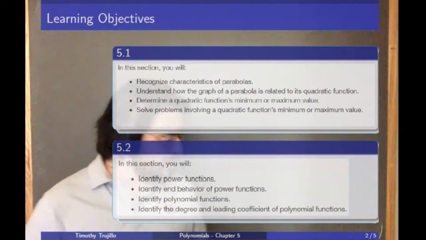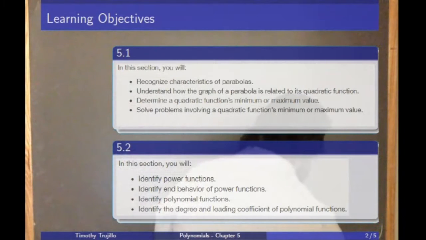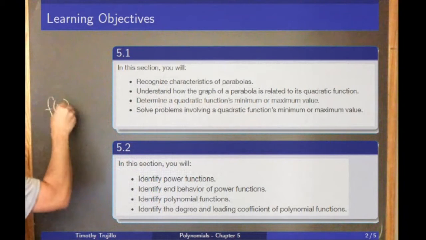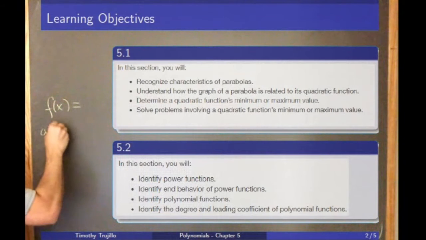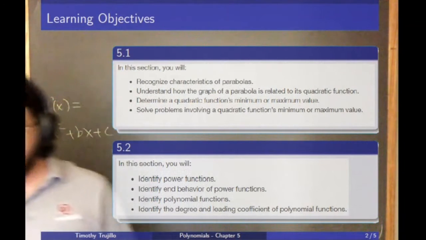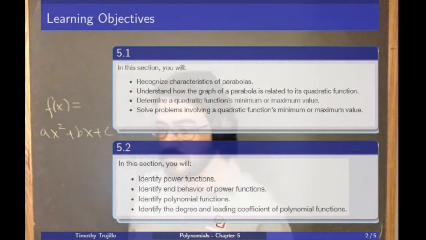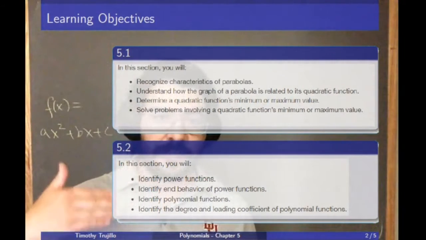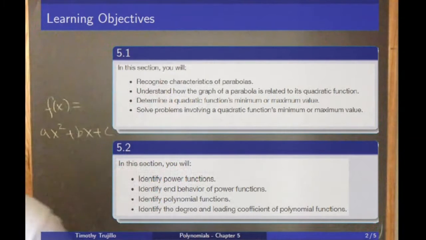Just as a quick reminder, a quadratic function is something of the form f of x is equal to ax squared plus bx plus c. And we talked about the details of these polynomials. Remember, this is a degree 2 polynomial. Degree 2 polynomials we call quadratics, and the graphs of them are called parabolas.